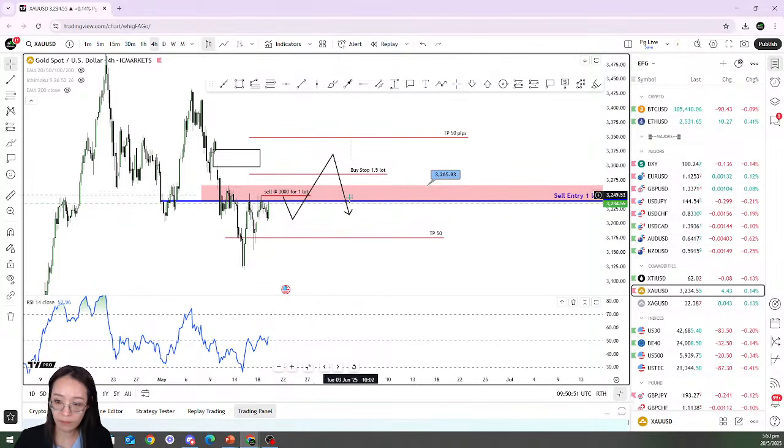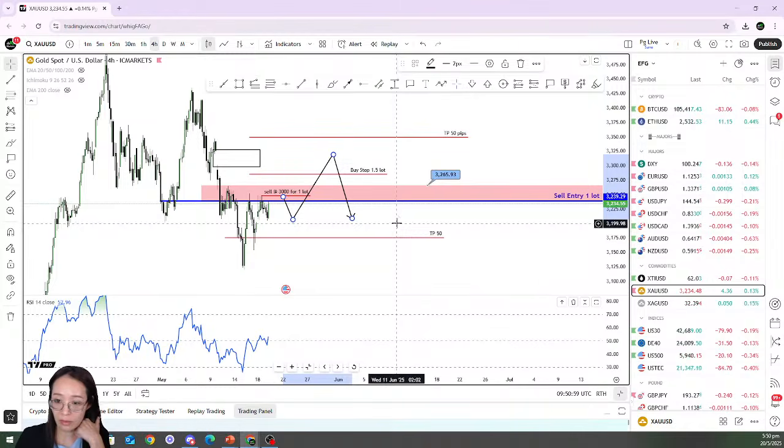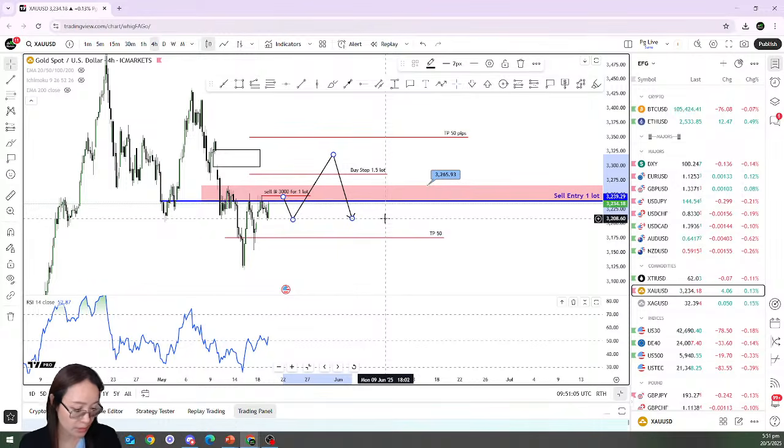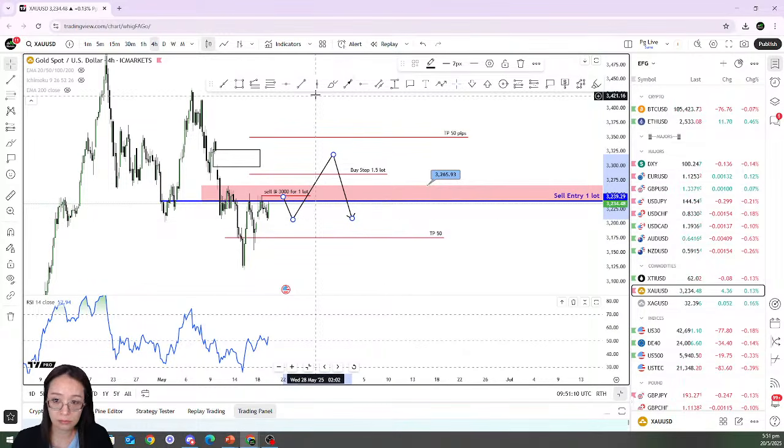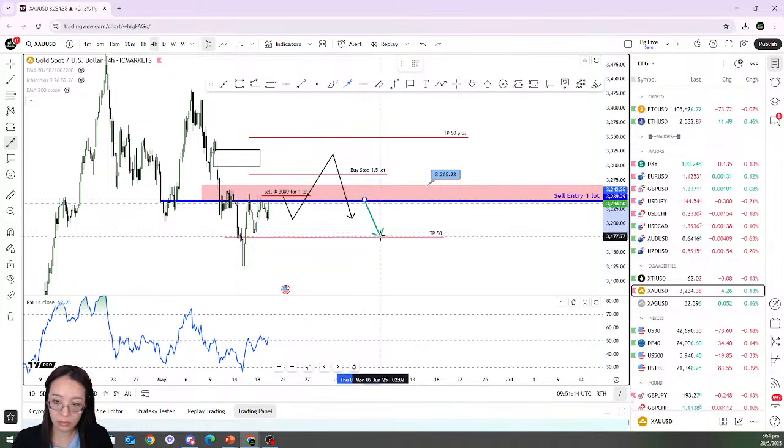After that you open another buy entry 1.5, and the price falls here. How much are you going to sell to recover your 1.5? You need to open another sell. How many? 2 lot, another 2 lot here to recover your loss.